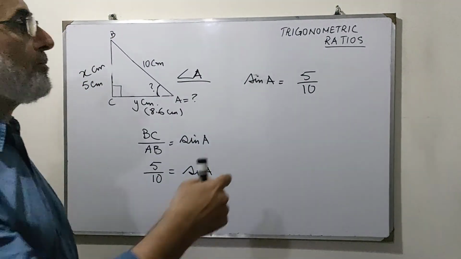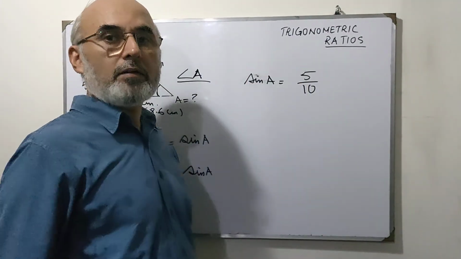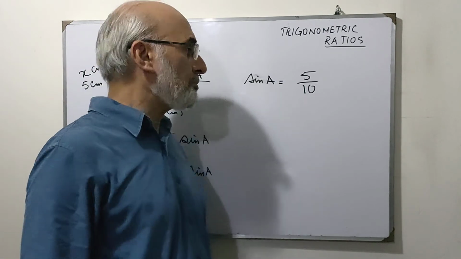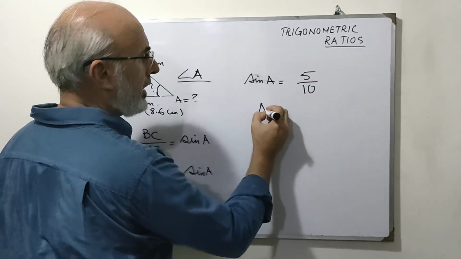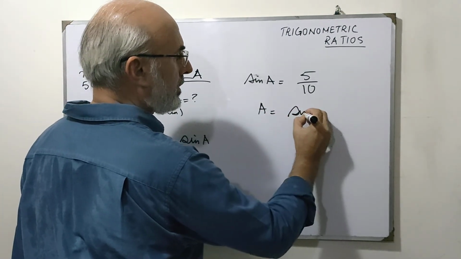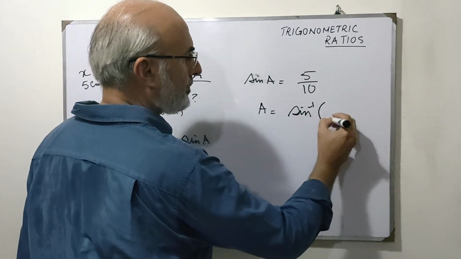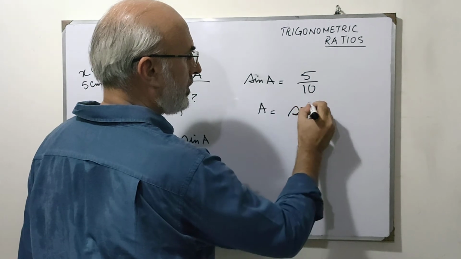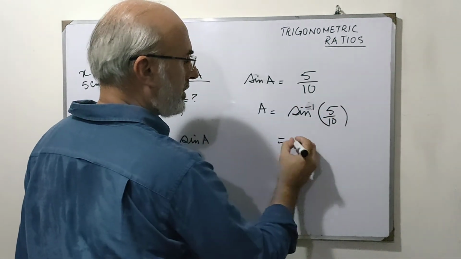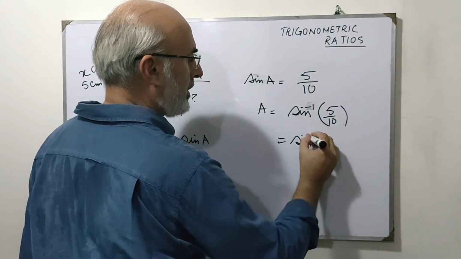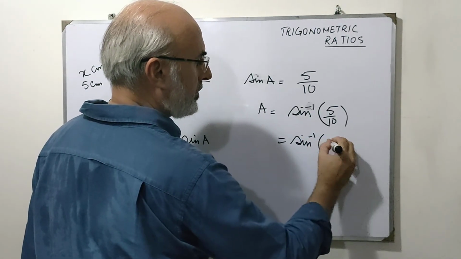I'm going to take the inverse of this sine with reference to this ratio. A is equal to sine inverse 5 over 10, which is sine inverse 0.5.